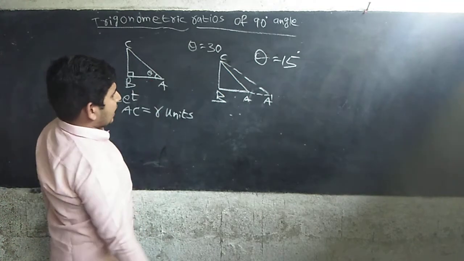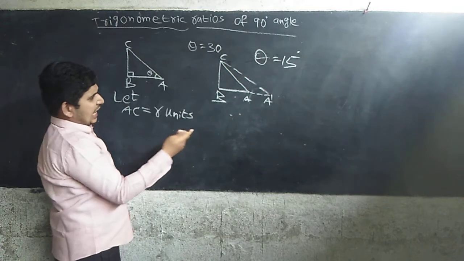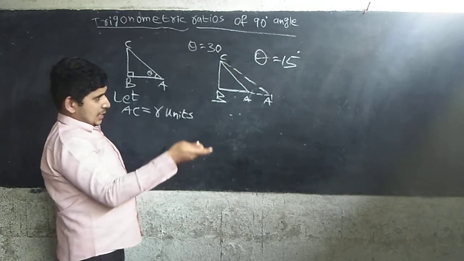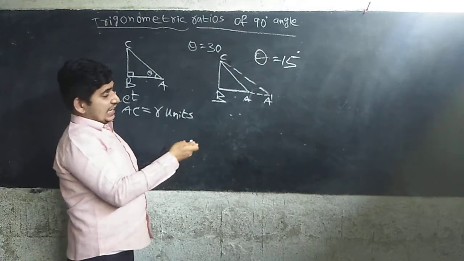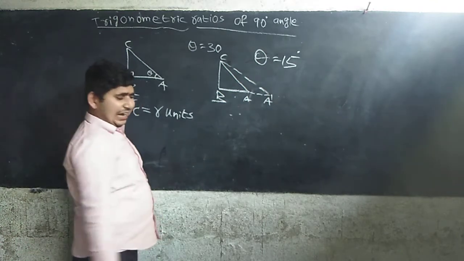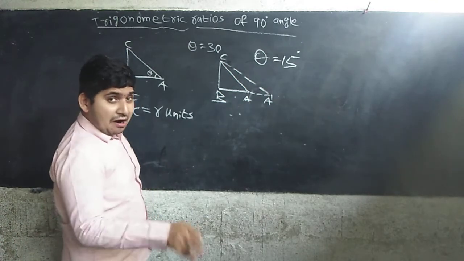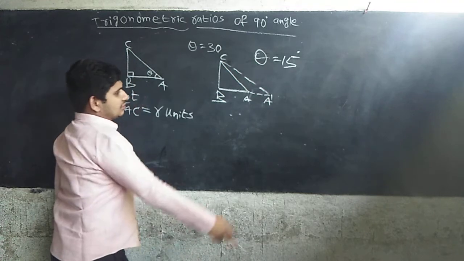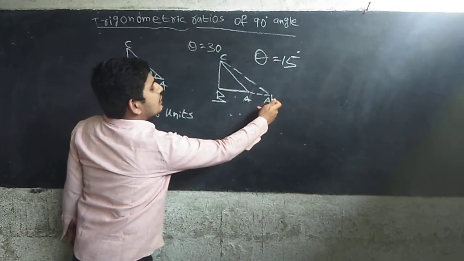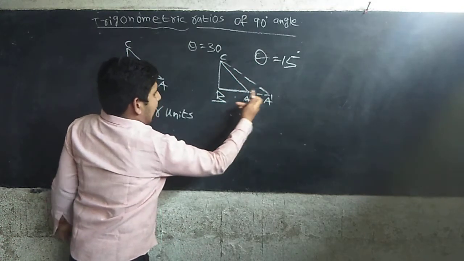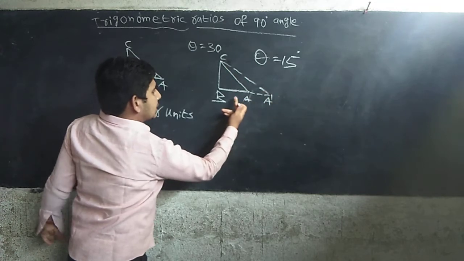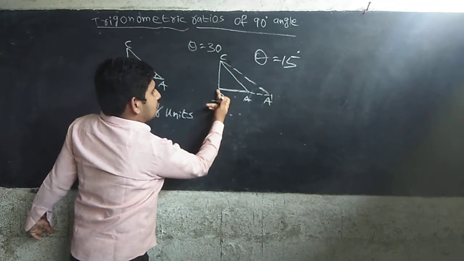As we reduce the angle value, the point A comes from the actual position near to the point B.